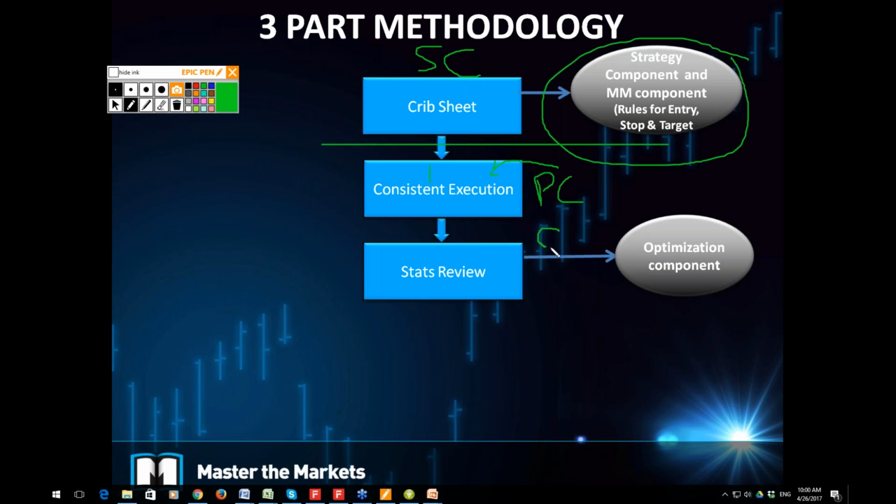The final part is your optimization component, where we look at the stats review. These 3 components must be in place. And you must continuously work on your psychology. Continuously. No stopping.